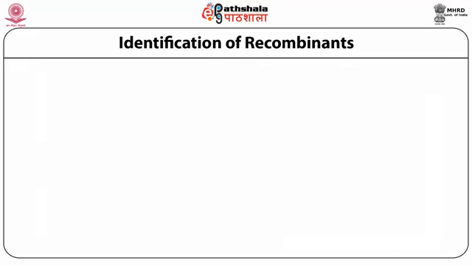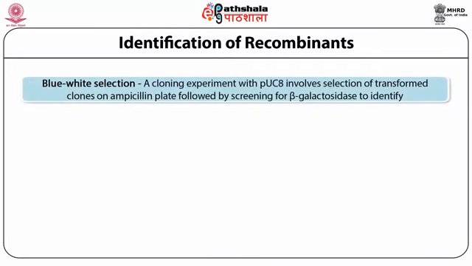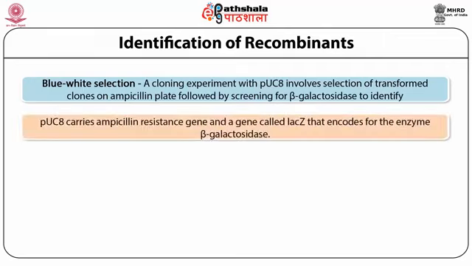Another example of insertional inactivation is for identification of recombinants: blue-white colony selection. A cloning experiment with the pUC-based vectors, in this case pUC8, involves selection of transformed clones on an ampicillin plate followed by screening for beta-galactosidase to identify recombinants. pUC8 carries an ampicillin-resistance gene and a gene called lacZ that codes for the enzyme beta-galactosidase.